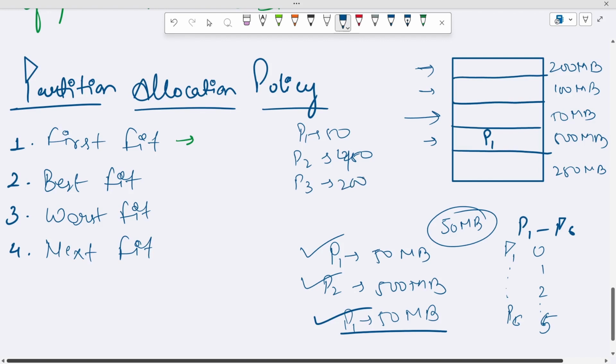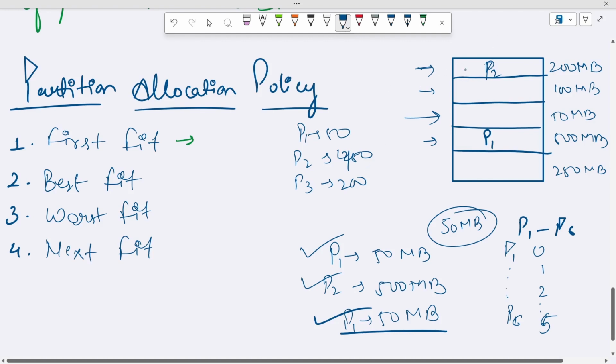Next fit starts from the first block. P1 comes first, so P1 checks whether there is space in the first block. Yes, there is space, so P1 resides there, like first fit. Now P2 needs 450 MB of space, so it checks the second block.